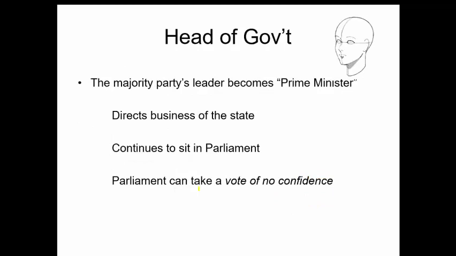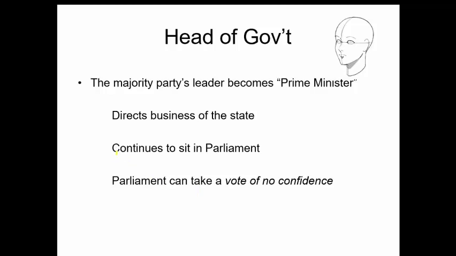So the head of the government is the majority party's leader. We've talked about that before when we looked at proportional representation systems, where you're typically voting for a party list, and then if that party becomes the majority, the head of that party will become the prime minister, the head of government, who directs the business of the state.